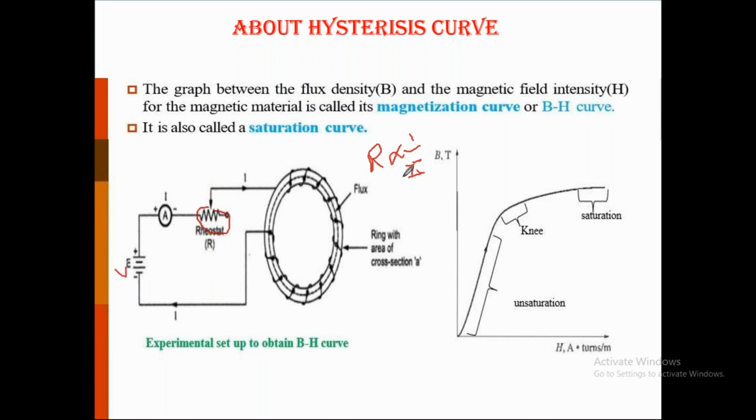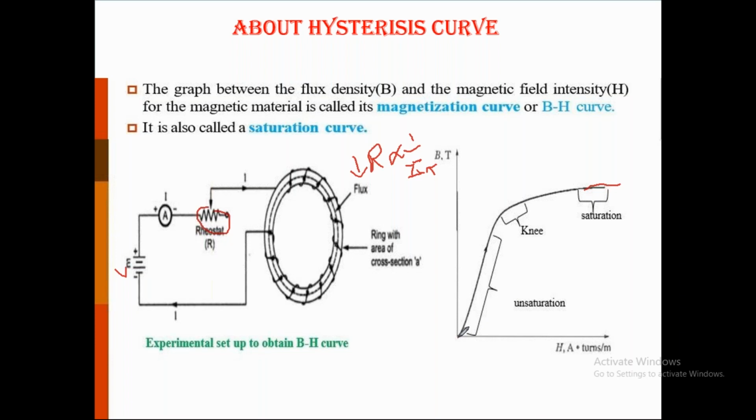After that we keep reducing this resistance, then the current will increase, right? So after some point at zero resistance, the current will saturate, so it will be a constant value. It means that this is the final stage of that particular device. After that it won't create any more flux density. So this point is called saturation.